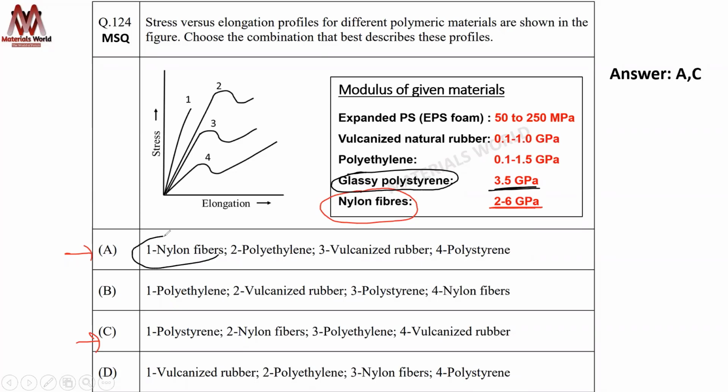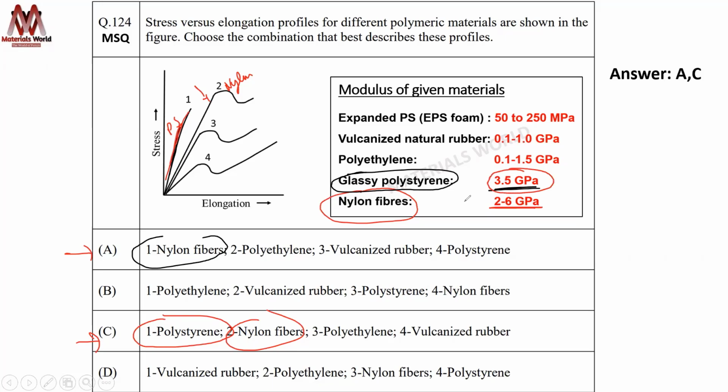So nylon fiber has a higher modulus in one case, and in one grade polystyrene has a higher modulus and nylon has a lower one. That is possible. See, polystyrene is 3.5 GPa.